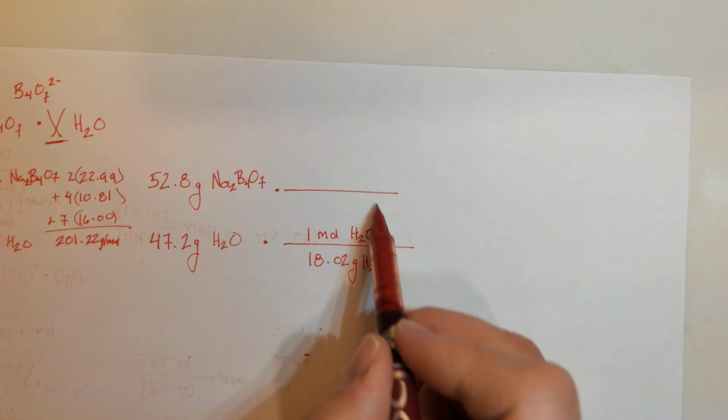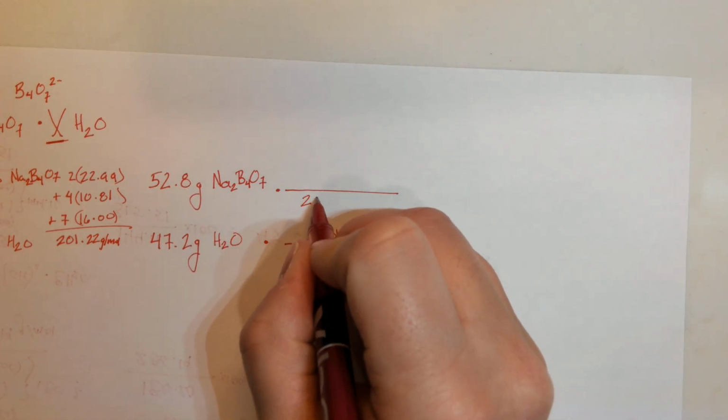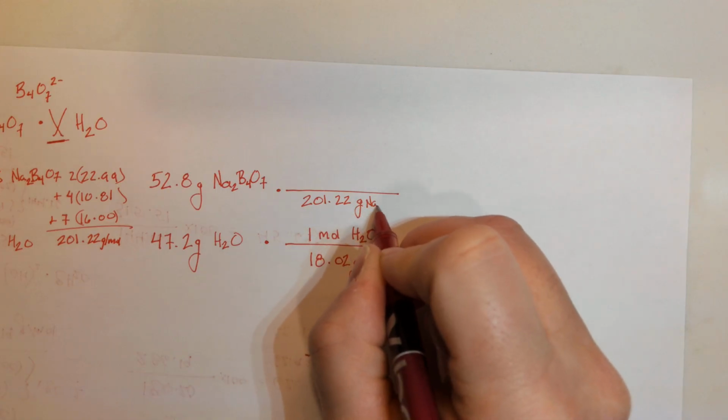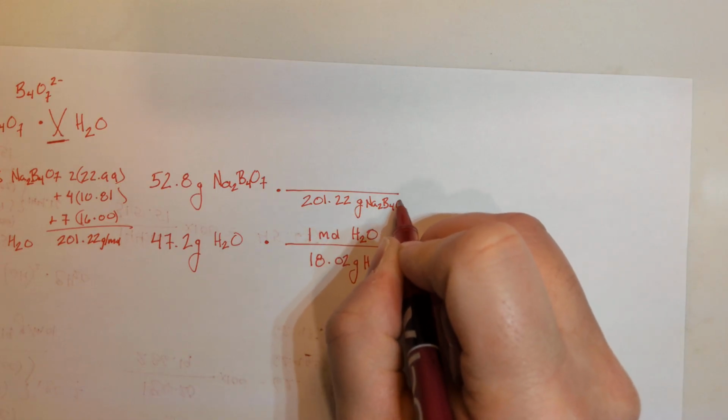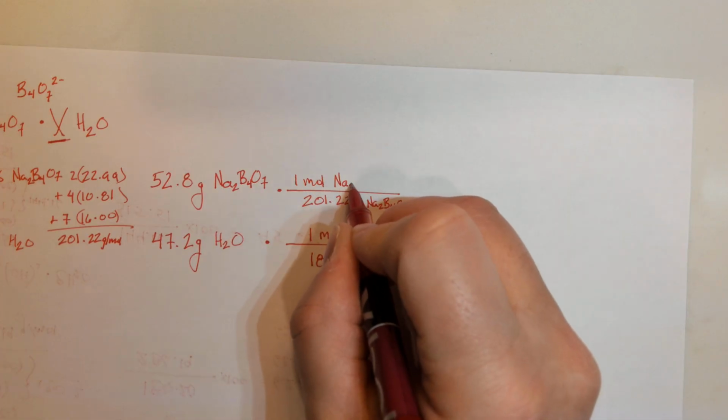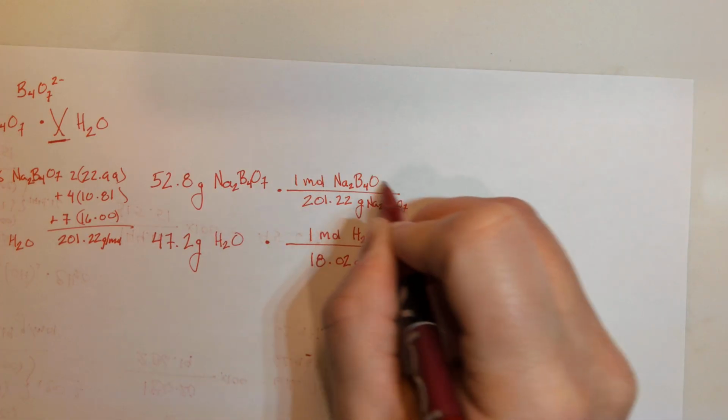Because we want to get rid of grams, grams has to go on the bottom, so that's 201.22 grams of sodium tetraborate in 1 mole of sodium tetraborate.